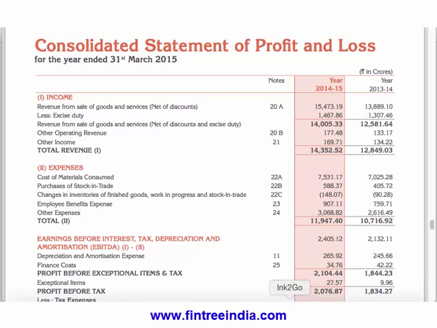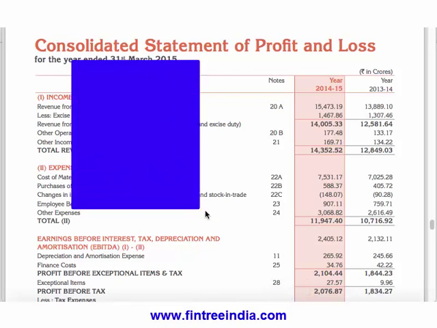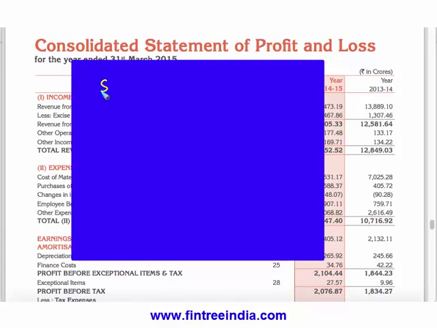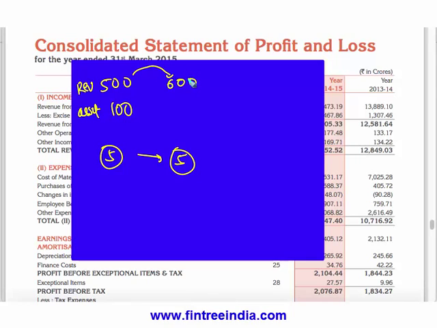See, it's like, let's say your current revenue is 500 and your current assets are 100. So there is an asset turnover ratio of 5. First we will forecast what would be the asset turnover ratio for next year. Let us assume hypothetically it is going to be 5. Then using the revenue drivers, we will forecast the revenue of next year.